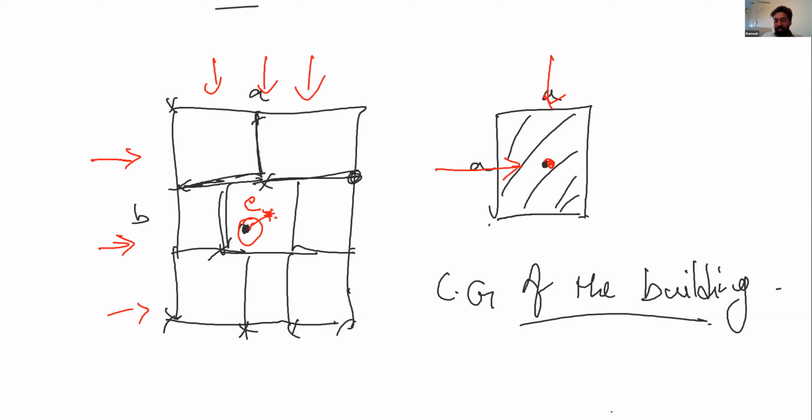The moment will be generated. So what happens is that when you give the diaphragm, it will distribute these forces as per the, it will calculate automatically. ETABS will calculate the center of stiffness and center of mass, and then according to that it is going to calculate the moments.